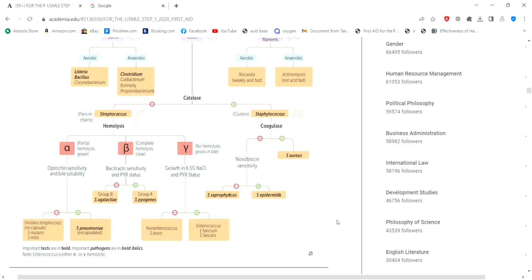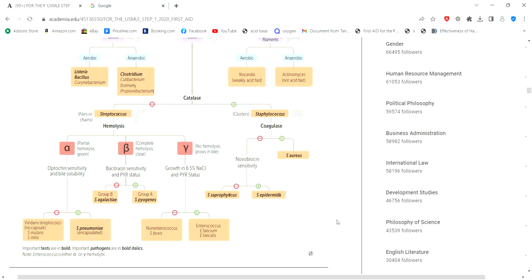And it's saying that viridans streptococci is optochin resistant. Viridans streptococci has no capsule, so optochin does not work on viridans streptococci.